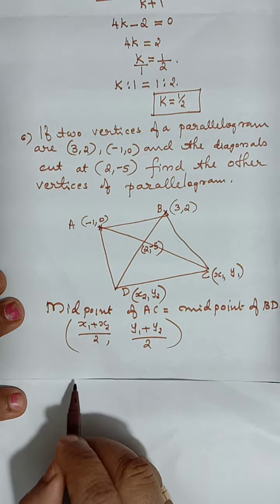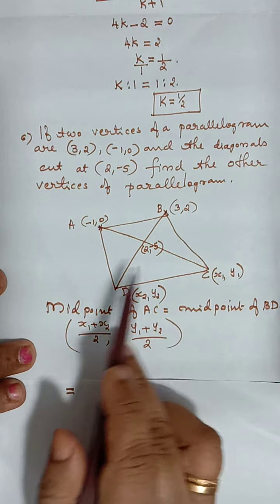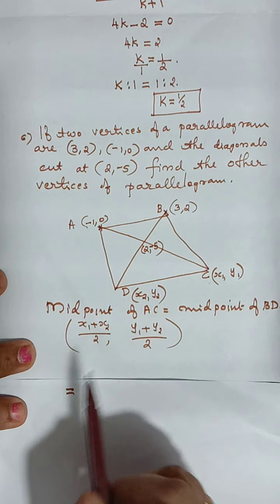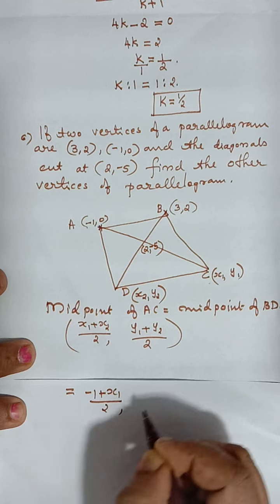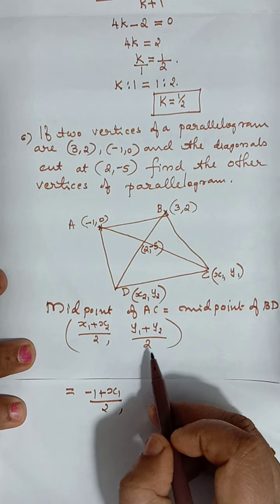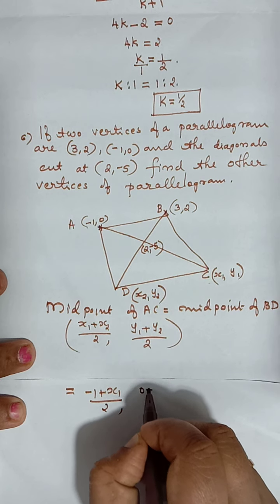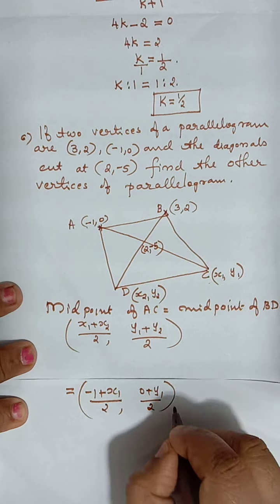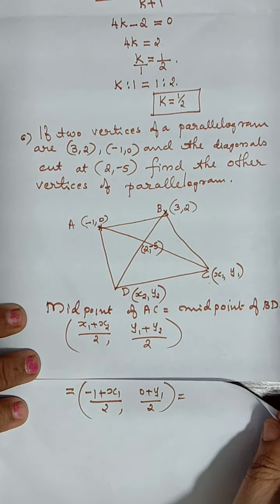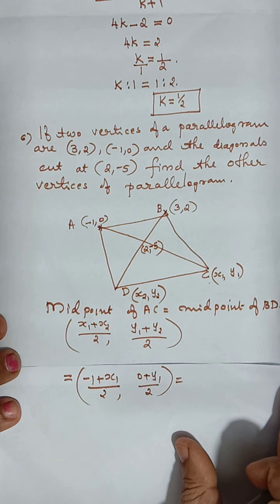The midpoint of AC is ((-1 + x1)/2, (0 + y1)/2). This is the midpoint of AC, and that is equal to the midpoint of BD.